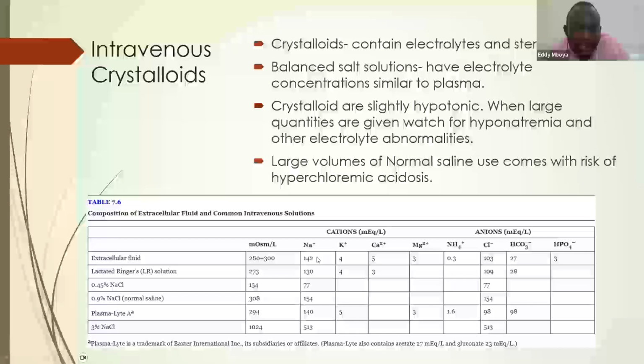But compared to plasma, it's a bit hypotonic. Potassium is normal, calcium levels are normal, but it lacks magnesium and ammonium. But chloride and bicarbonate literally mimic plasma.